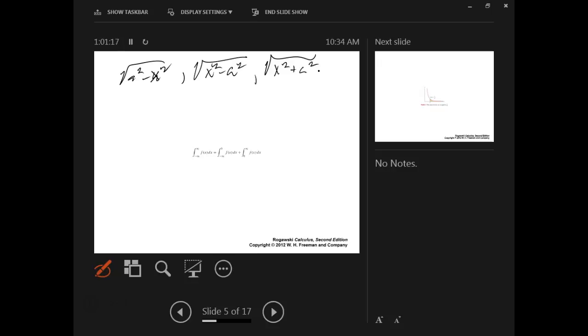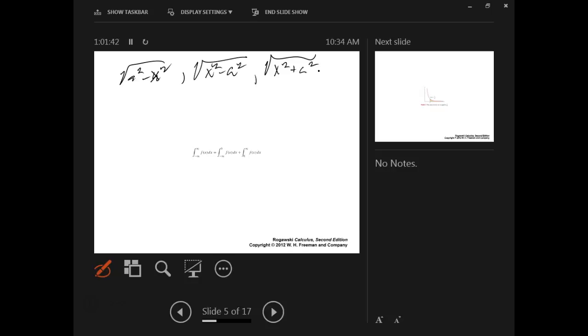How to remember those? Think of your Pythagorean identities. Cosine squared is 1 minus sine squared, so that looks a lot like that. Secant squared is tangent squared minus 1. It looks a lot like that. And tangent squared plus 1 is secant squared.